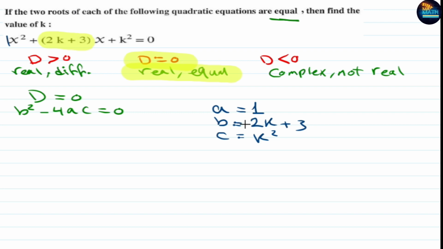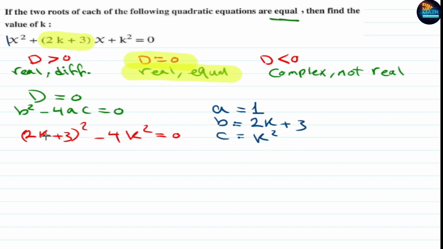So b squared, which is (2k plus 3) all to the power of 2, minus 4ac, minus 4 times a, which is 1, times c, which is k squared. So minus 4k squared is equal to 0.